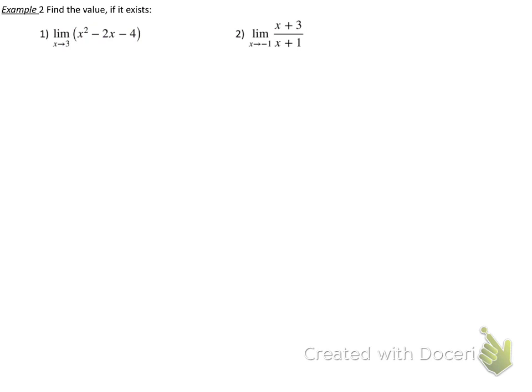That will be very important for us, because when we look for the limits, like in this example, we can simply just say, okay, x squared minus 2x minus 4 is a continuous function. 3 is in the domain. So when I have this, it will just be the limit plugged in.